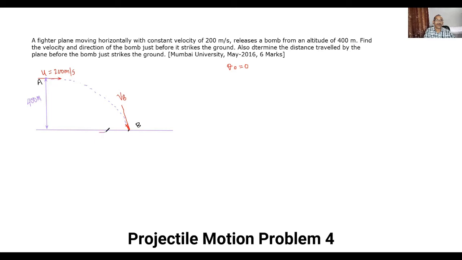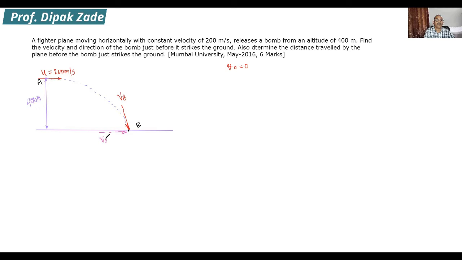So you will get two components, one in the horizontal direction, VBX, and the other VBY. Directly VB is not possible. We'll find the components of velocity, VBX and VBY, and then we'll get VB.